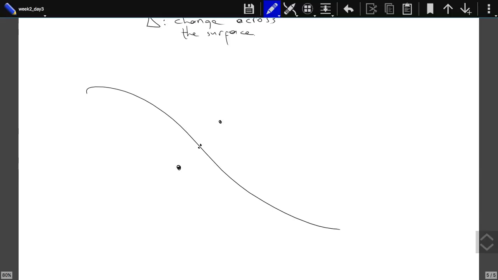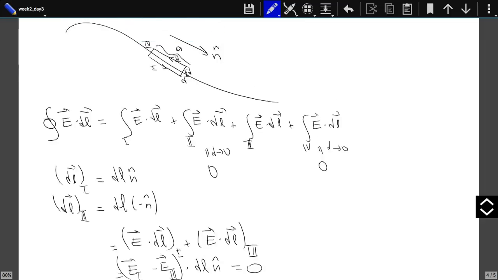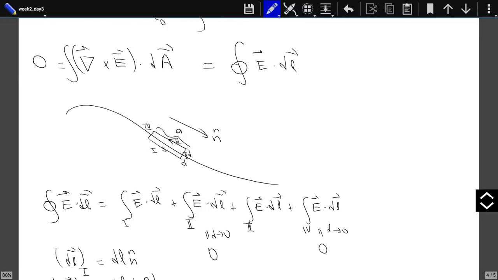So the parallel components of the electric fields between this point and this point, these big dots, they will be different. I cannot say anything about the parallel components of the electric field between those two. The only thing I can say is if those points that I am comparing are just on the two sides of a surface. Those two I can relate. That is why I need to take D equal to 0 over here.